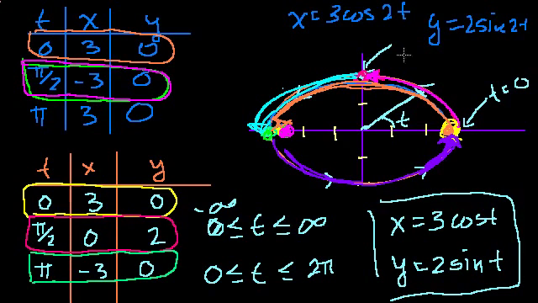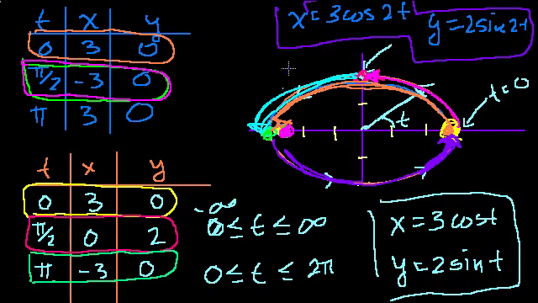So what you see is that this set of parametric equations has the exact same shape of its path as this set, except it's going around it at twice as fast a rate. When t increases by pi over 2 here, we go a quarter way around the ellipse. But when t increases by pi over 2 here, we go halfway around the ellipse.